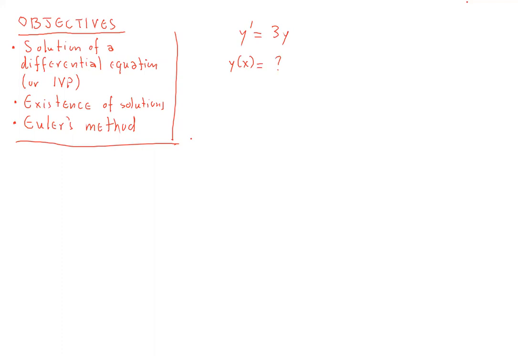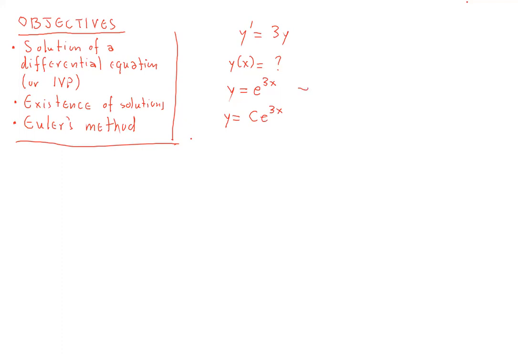And here, without any effort to justify why this is so, I'll tell you that, for example, this function is a solution of the differential equation. You can easily test that the derivative of this function is 3 times the function itself. And I could take it a little further, and I could tell you that this is the general solution.